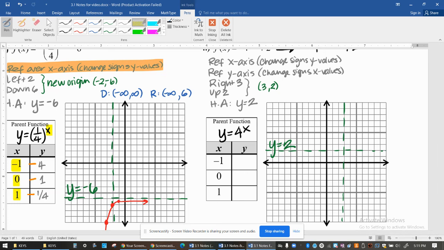So I'm going to take turns substituting those x values that were given to me. Remember, you don't change the signs until you're done with this part.